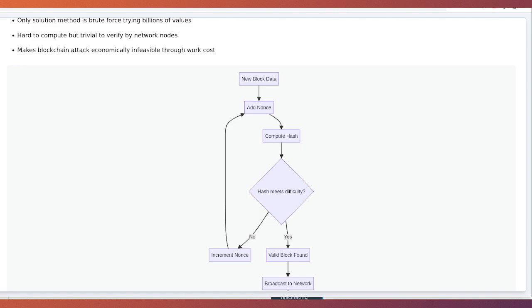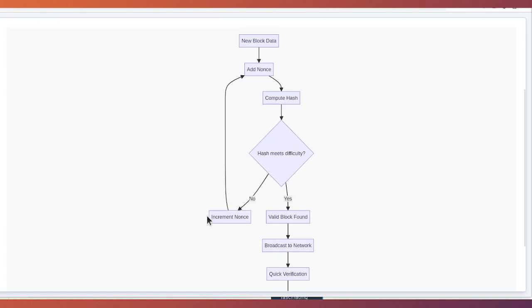Once a miner finds a valid nonce, they broadcast the block to the network. Other nodes can quickly verify the solution by performing a single hash calculation. This asymmetry, hard to find, easy to verify, is crucial.